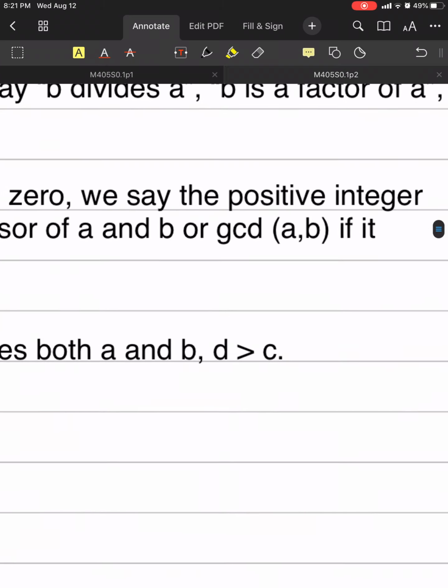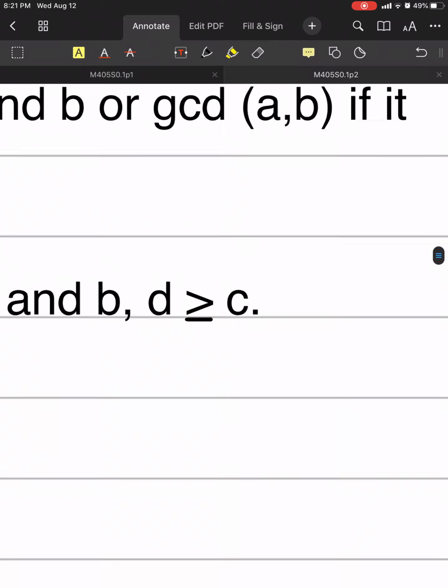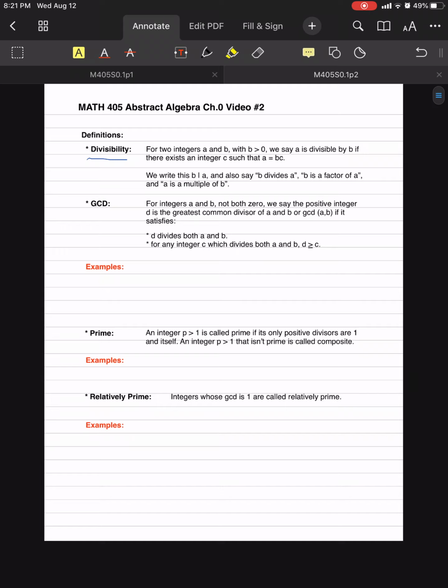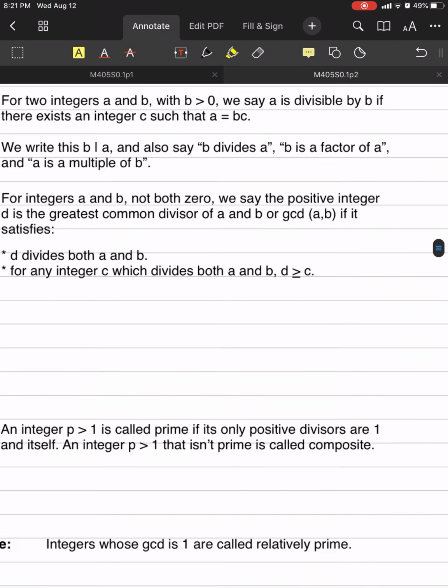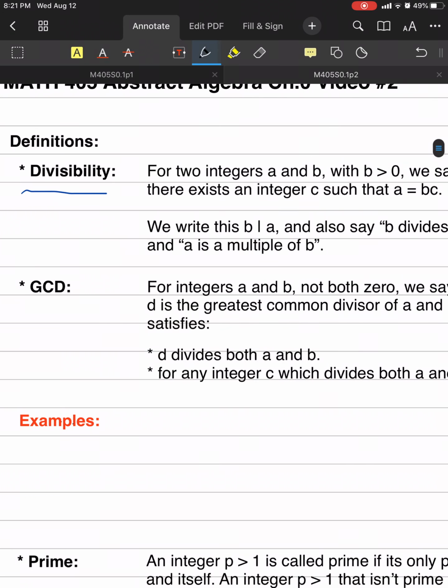Let's fix that while I've got it ready here. I think that's the only greater than or equal to sign I need to adjust.